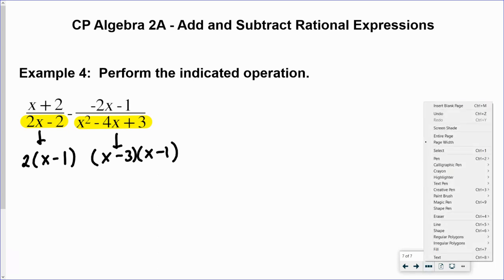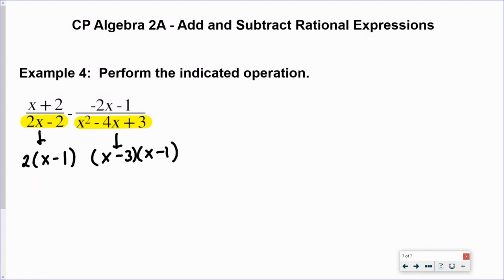So again, what we need to look for are each of the different factors that each of the denominators contains, and we're going to include each factor to the highest power that it appears as part of our common denominator. So I'm going to write down the denominator down here, abbreviated as nom. So I'm going to look at the numerical coefficients. It looks like we've got a 2 and a 1. So a 2 is going to be part of our common denominator.